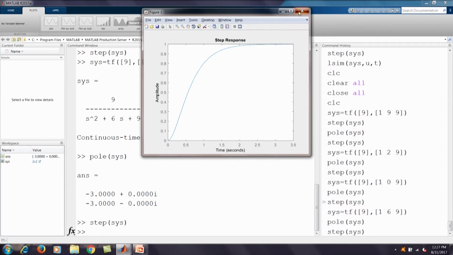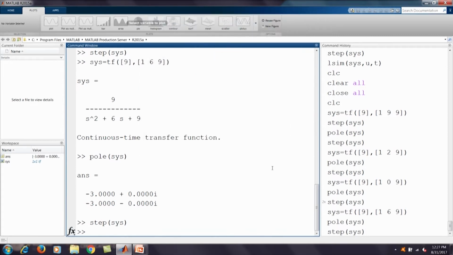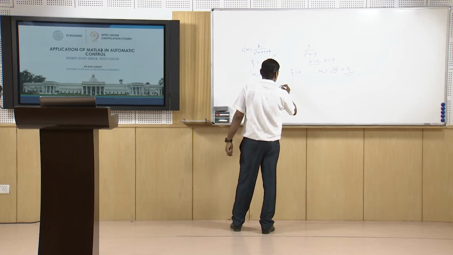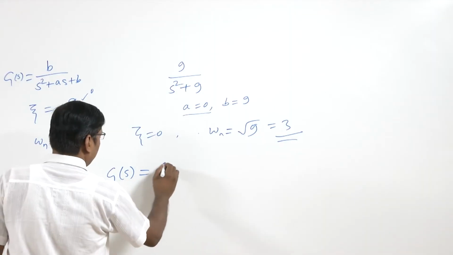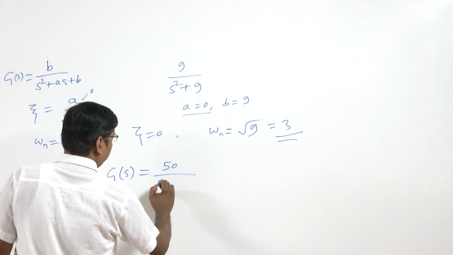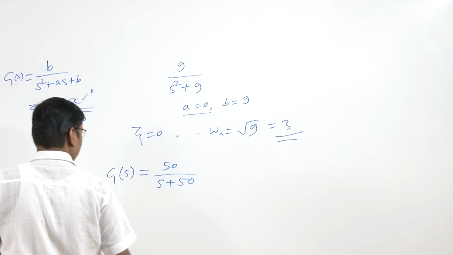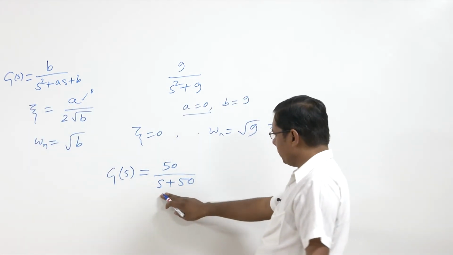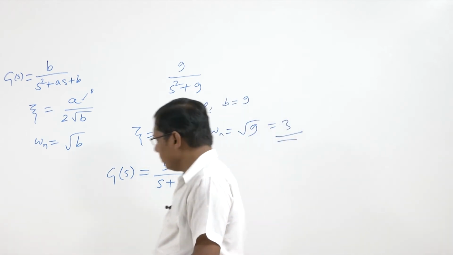Now we come to the last case, that is G(s) equal to 50 upon s plus 50. We can see that this is a first order system because here the power of s is 1.